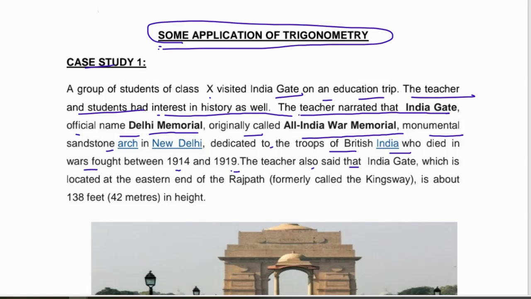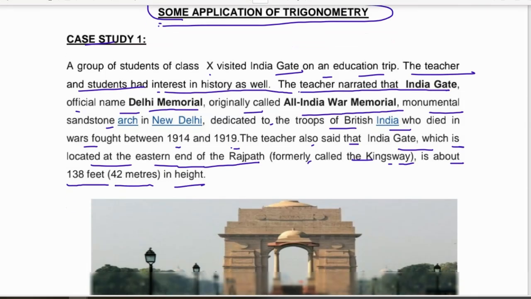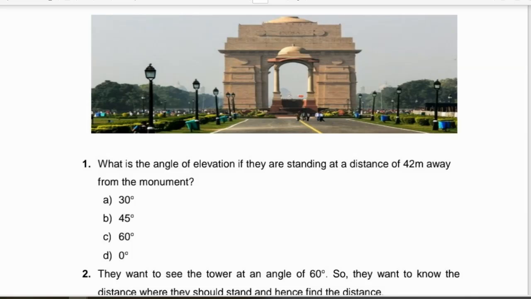The teacher also said that India Gate, which is located at the eastern end of the Rajpath, formerly called the Kingsway, is about 138 feet, 42 meter, in height. So this is the case study we have.